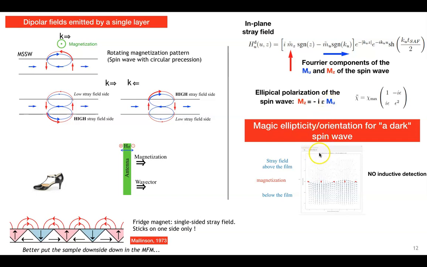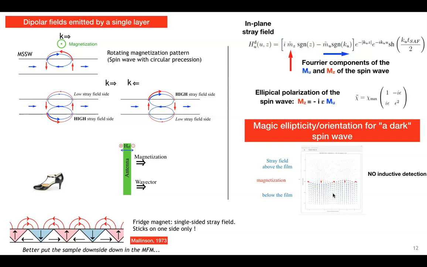So there are two interesting situations. One interesting situation is when your spin wave is exactly like a fridge magnet. That is to say, the helicity of the precession, the ellipticity, is exactly 1. Okay? And in this case, the spin wave generates no inductive signal on top of the film, and it generates an inductive signal below the film.